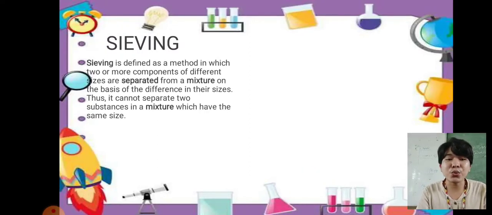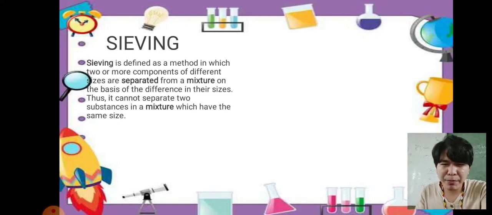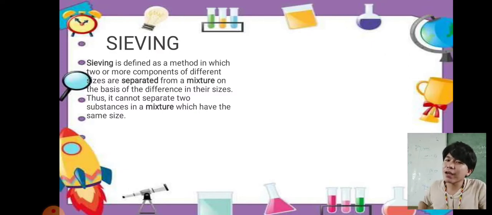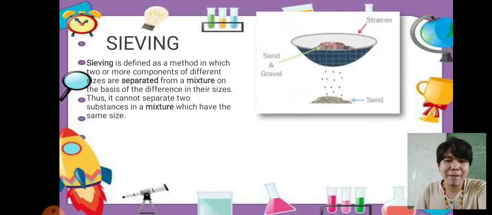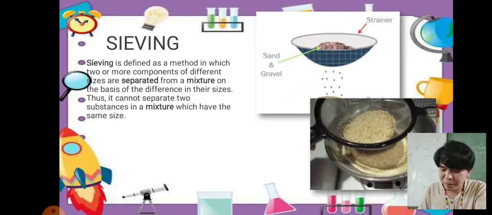It is a method in which two or more components of different sizes are separated from a mixture on the basis of the difference in their sizes. Observe when people are building a house. Di ba gamiton ang sieve para sa balas? That is the best example of sieving. Or if you like to cook and bake, you use a sieve on the flour to separate it so that the fine flour falls below.